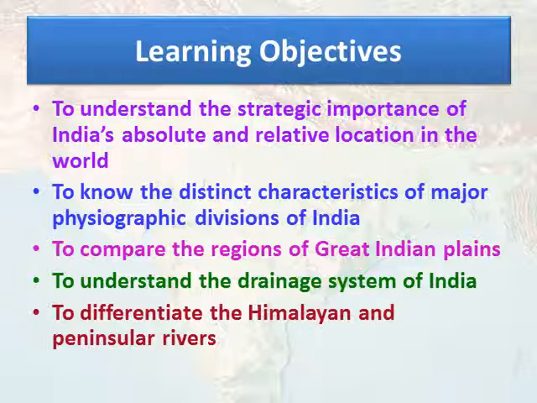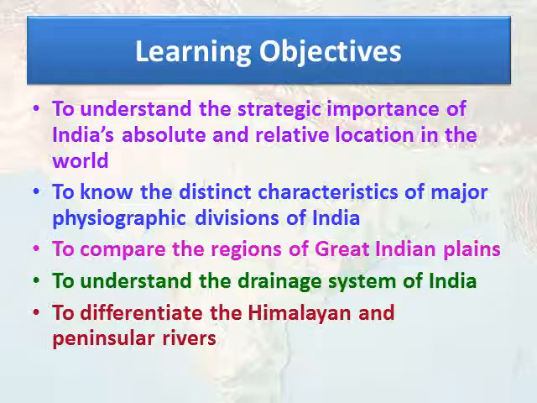We will compare the regions of the Great Indian Plains. We will try to understand the drainage system of India and differentiate the Himalayan and peninsular rivers. So we are going to learn about all these things in this unit.